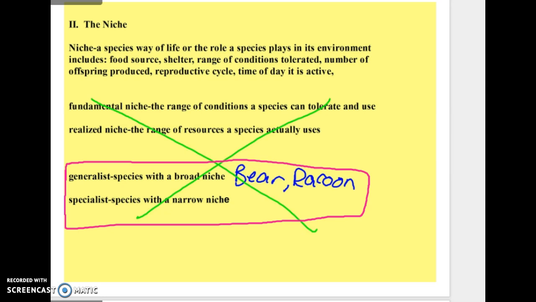An organism's niche is a species' way of life. Every organism has a specific niche, and it includes a lot of things.